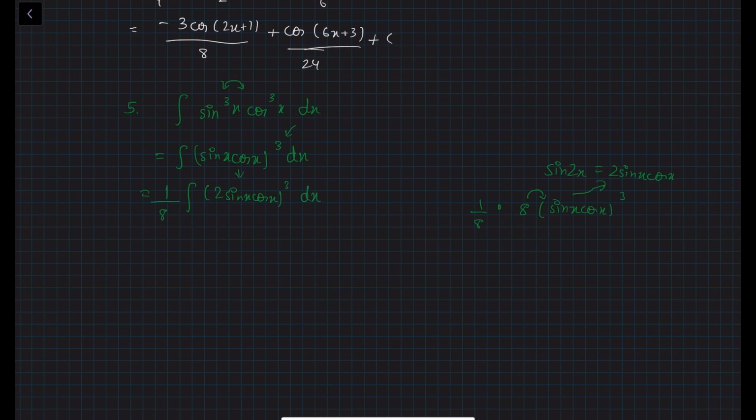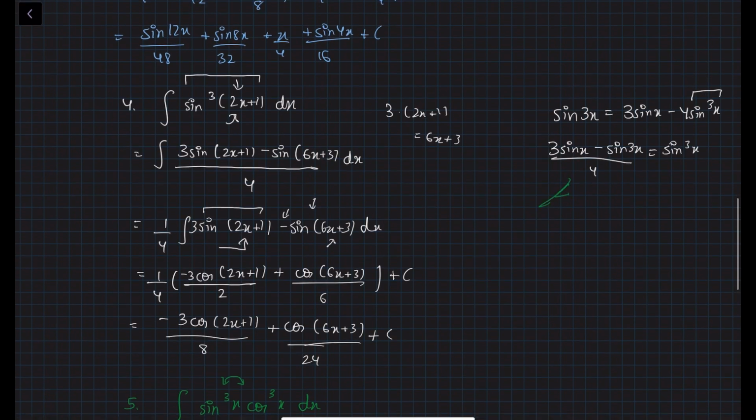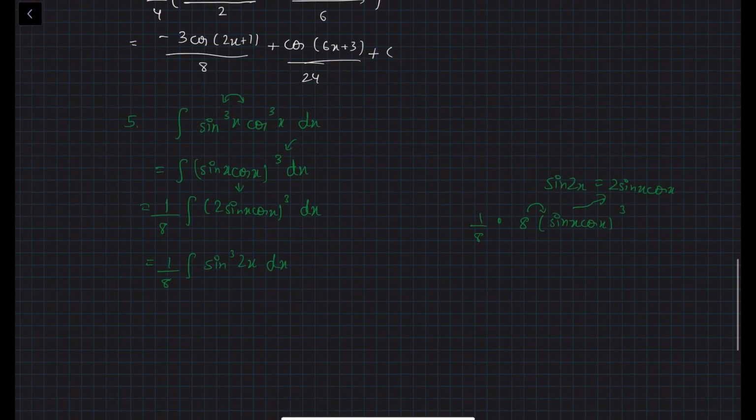Now we can just rewrite this as sine 2x. That becomes 1 over 8 sine cubed of 2x dx. And now we're going to use the formula we just used here in this case. So it was 1 over 8 and 3 sine of x, but here x is 2x.